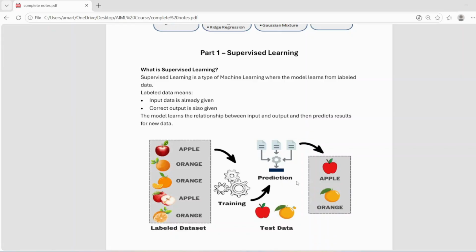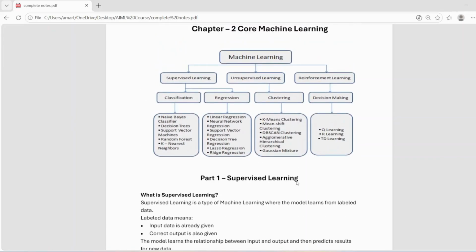Okay? So there are two types of supervised learning: regression and classification. Regression is for continuous values and classification is for categories. Categories means yes, no, true, false, or maybe more than two types of categories like red, blue, green, cat, dog, cow. Okay, these are categories.